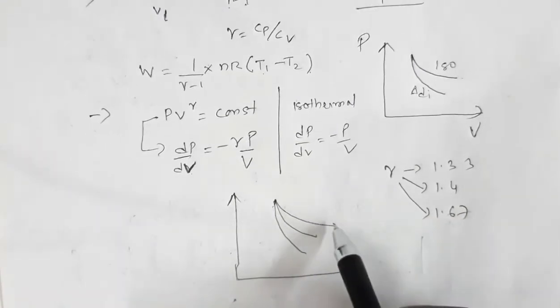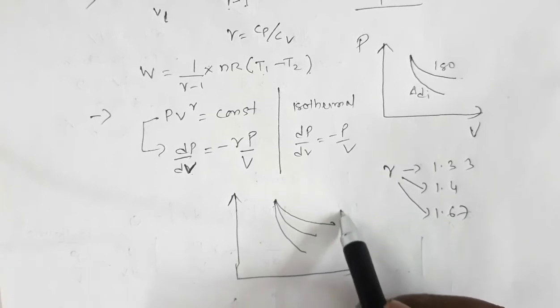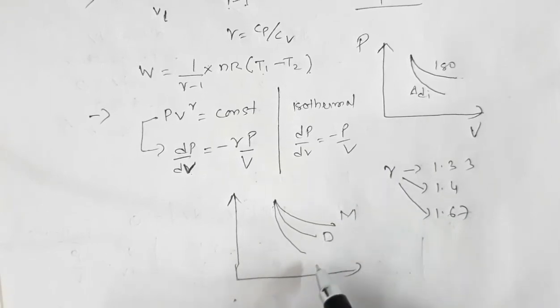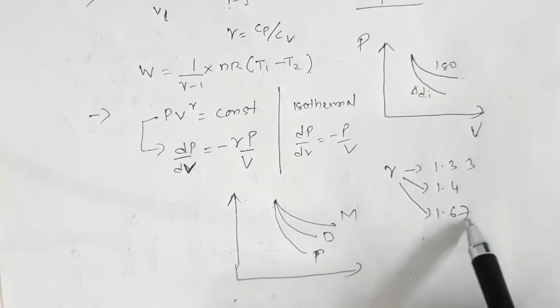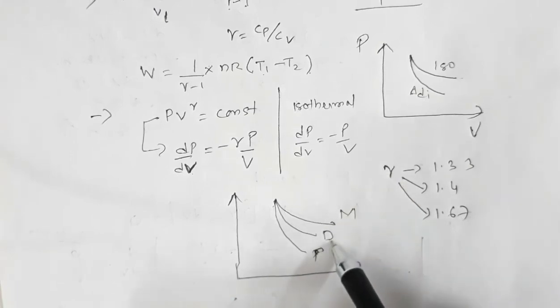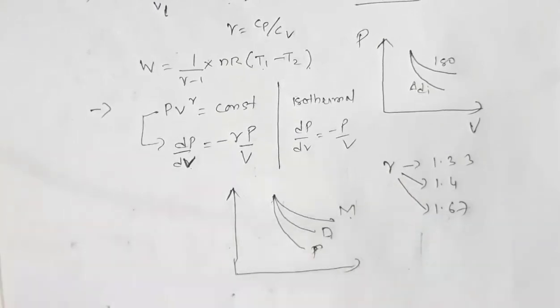So that means this represents monoatomic gas, this represents diatomic gas, and this curve represents polyatomic gas. Okay, because for polyatomic gamma is 1.67, for diatomic 1.4, for monoatomic it is 1.33.